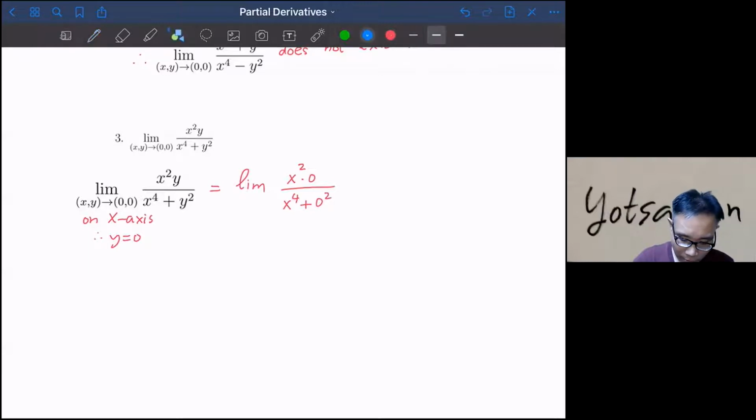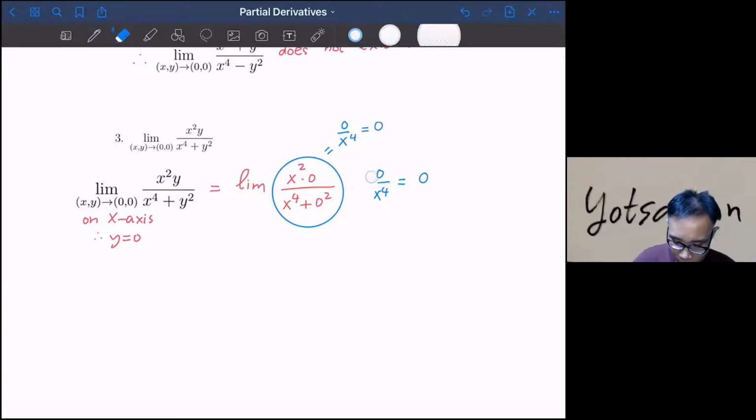Like we did earlier, you see that the part I circled here turned out to be 0 over x to the 4th, and this becomes equal to 0. So let me write it here, 0 over x to the 4th. This turned out to be equal to 0.